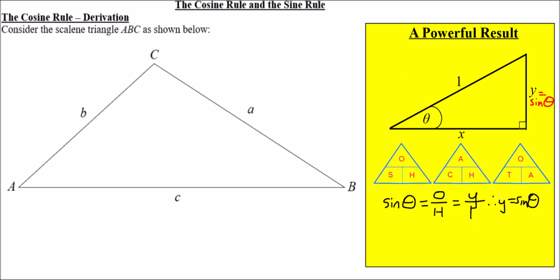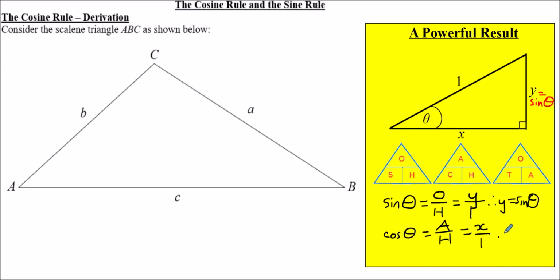In the same way, let's think about what cos theta would be for this triangle. Well, the cos of an angle is the adjacent divided by the hypotenuse. The adjacent side for this one is just x, and the hypotenuse is again just 1.